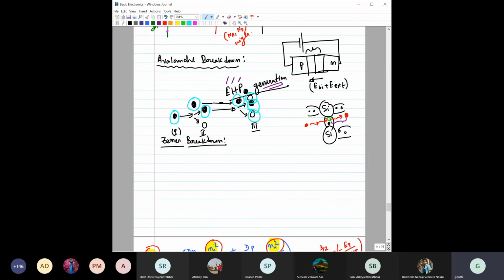Whereas this Zener breakdown occurs due to a process called tunneling. I don't know whether you are familiar with the word tunneling or not. Are you familiar with the word tunneling? No, sir.